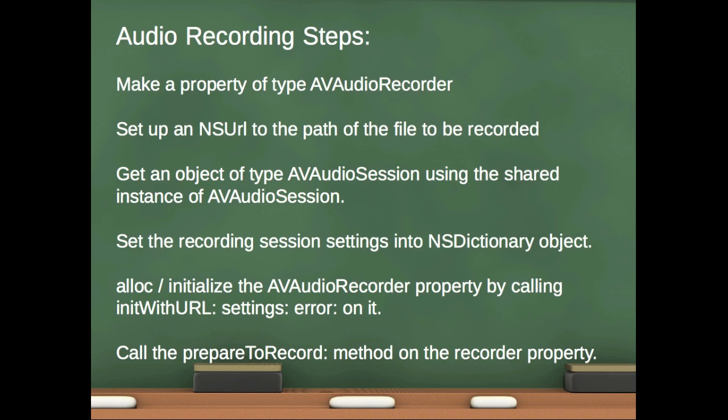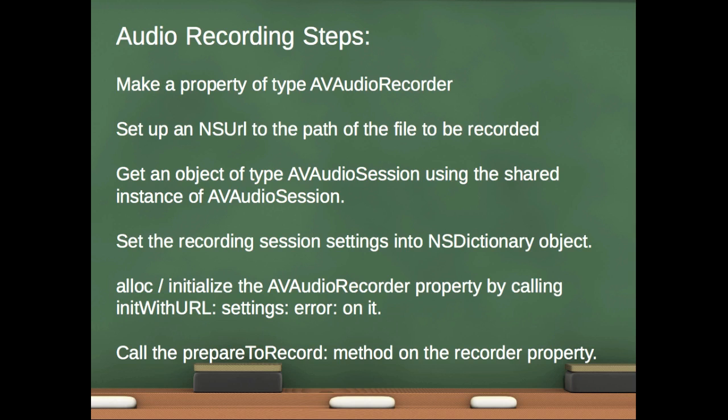You alloc and initialize the AV Audio Recorder property that you created in the first step here by calling init with URL, and then pass it the URL of the path of the file to be recorded, settings, and you pass that the NS dictionary with the settings for that, and then error. And you can say error nil, but in production code, you really should trap this NS error.